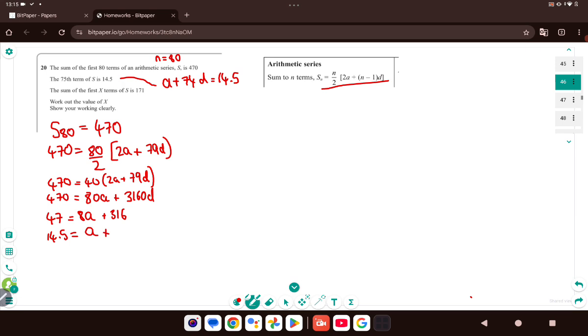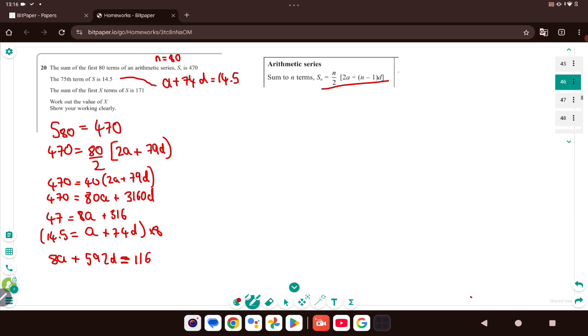Put that here, and you'll see we do have simultaneous equations. You could make a the subject in the second one and sub it into the first one. I'm going to use the elimination method, so times all of this by 8 and write it the other way around. 8a plus 74 times 8 is 592. 14.5 times 8 is 116.